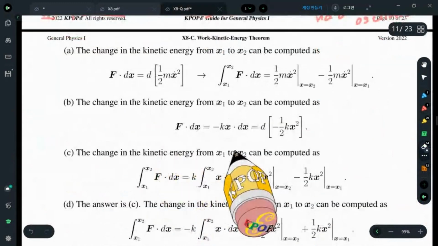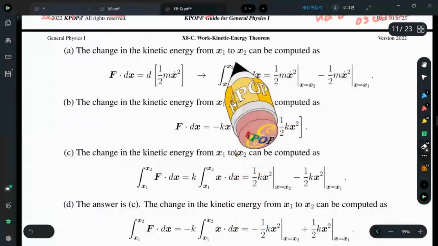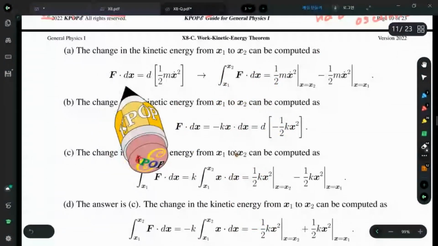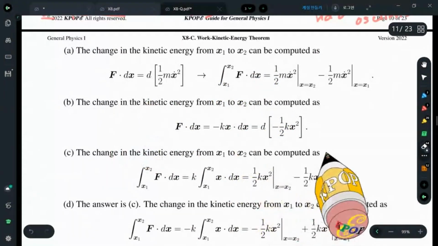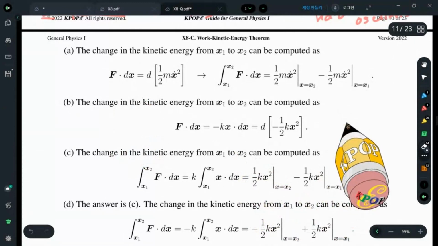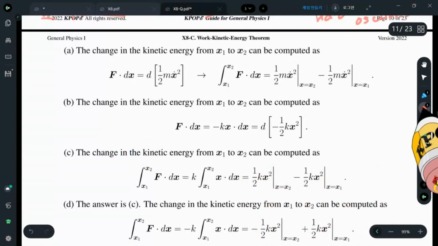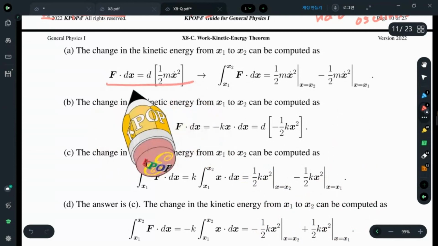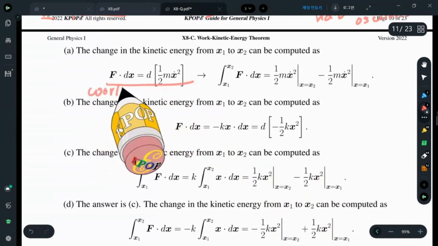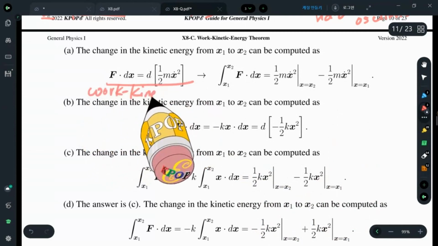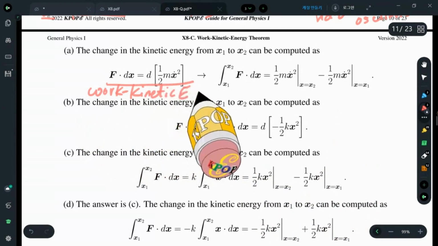The change in the kinetic energy from 1 to 2 can be computed by force. And this is nothing but the work, the work-kinetic energy theorem.